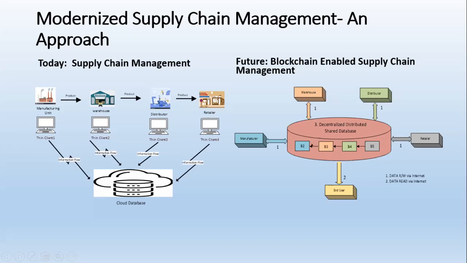So there is a complete elimination of central authority, and the complete process is visible to all of them. Data visibility and transparency are there, and who can enter data and who can view data is under the control of blockchain. Hence security is achieved here. I've explained this with the help of the diagram.